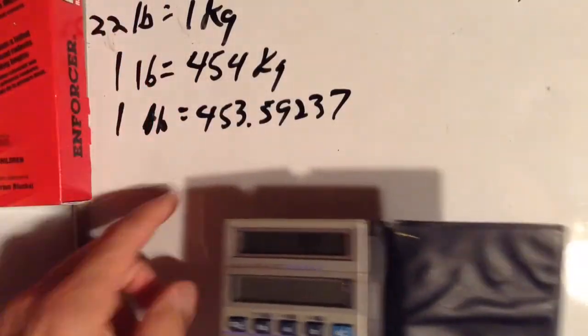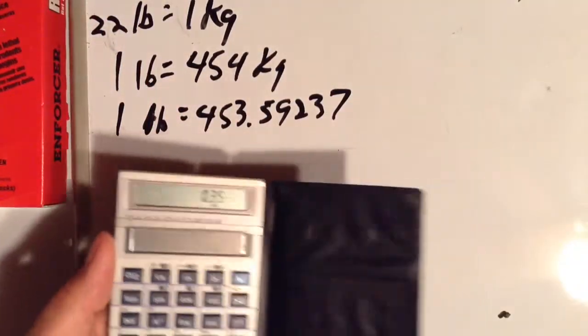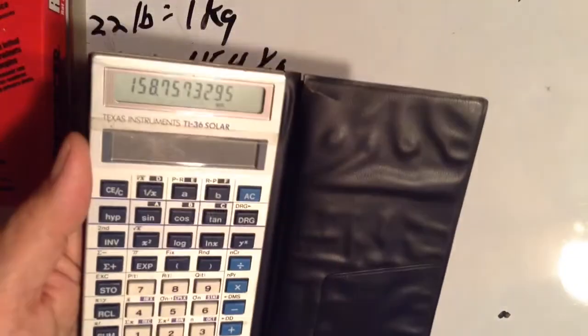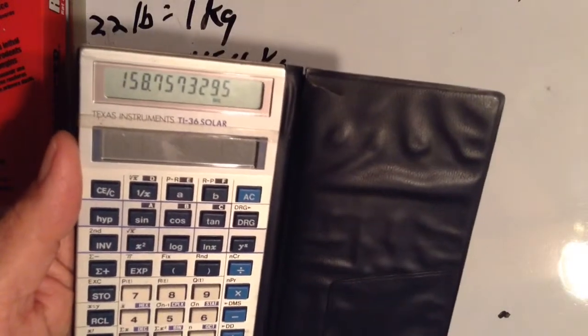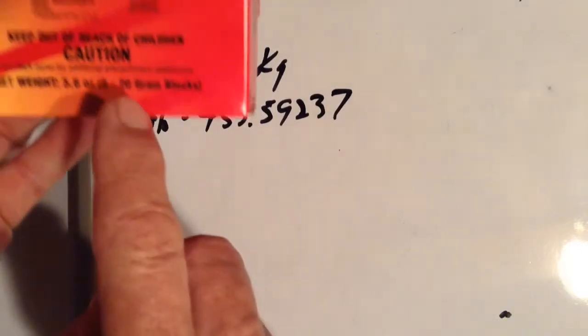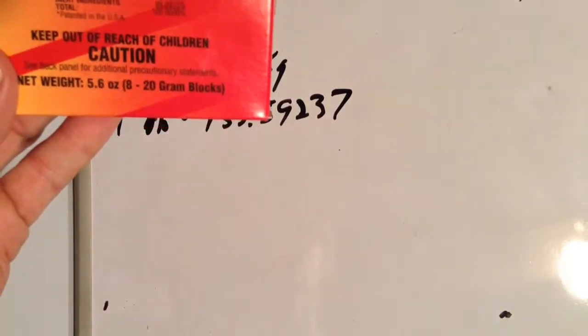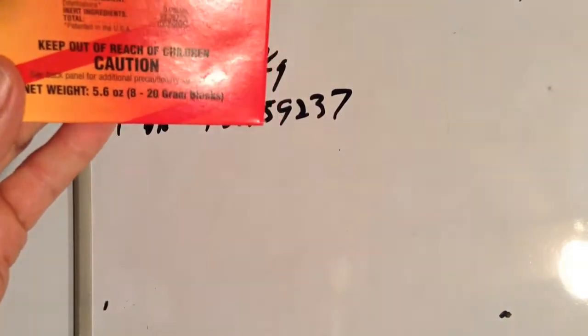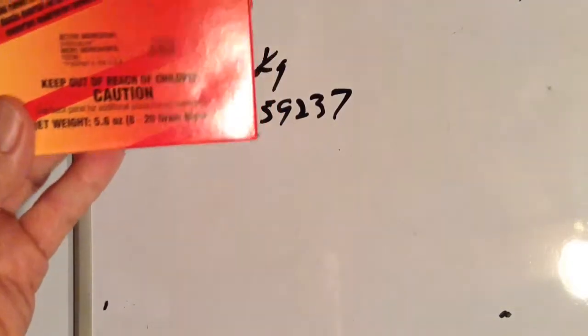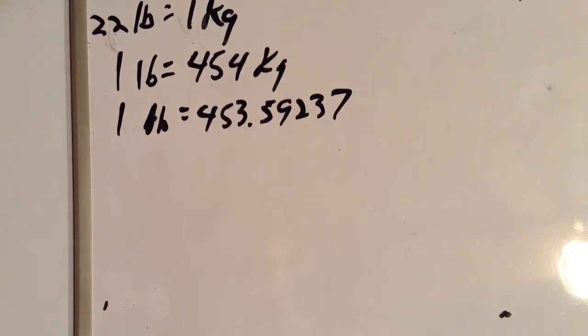And there are that many grams per pound, so times 453.59237 equals 158.75, almost 159 grams. It says there are 8 20-gram blocks. That'd be 160 grams. Sounds like the rats got shorted 1 gram, but I haven't heard any of them complain.